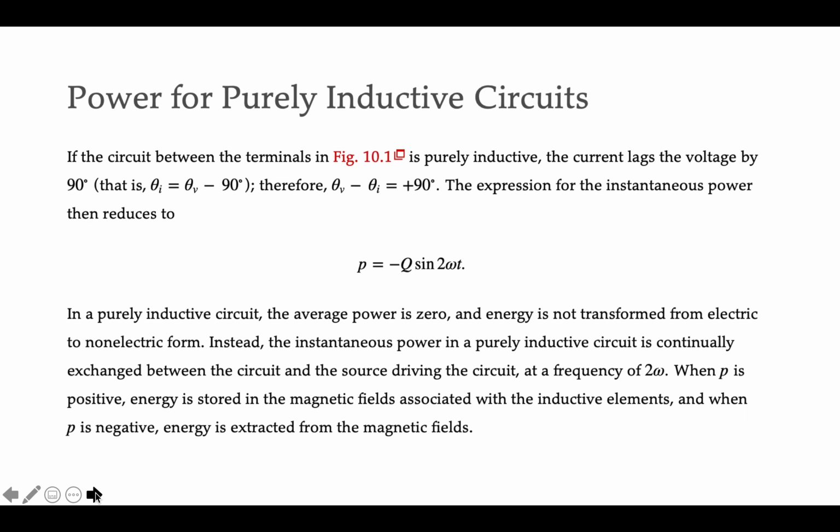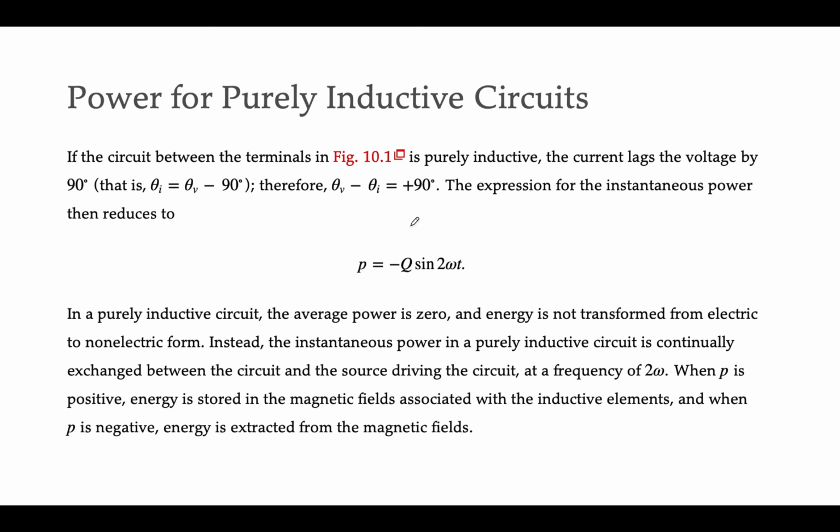For a purely inductive circuit, remember Z is equal to j omega L for an inductor. So the voltage is going to be shifted by, remember, j is equal to positive 90. You can visualize that on your complex plane. j converts into a 90-degree phase. It has no real part, and so the average power, because theta V minus theta I is equal to 90, goes away.